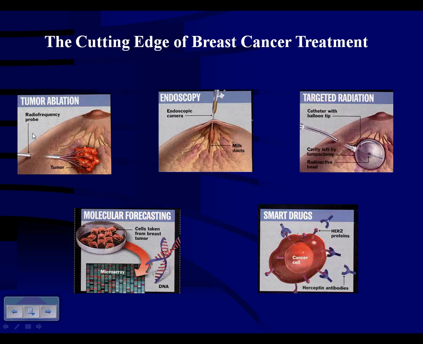You can do radiofrequency ablation of tumors, look at tumors through endoscopy cameras through the nipple. I know you're thinking, oh my gosh, really? And then they can do targeted radiation of tumor cells. They can do molecular forecasting and microarray analysis to tailor the right chemotherapy for that patient. HER2 analysis determines if they can treat them with Herceptin, which is supposed to be good for patients with bad prognostic tumors.